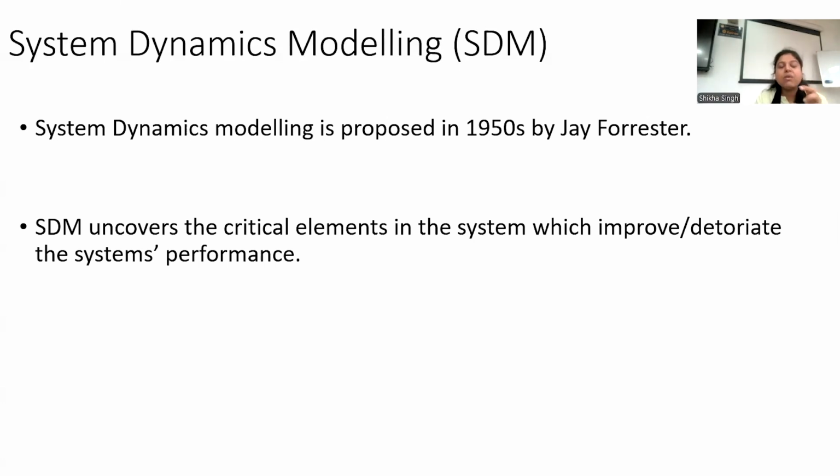And in this particular system dynamics modeling, we do not only consider the technical components, while in the dynamic simulation particularly, only the technical components will be considered to understand the dynamics or the behavior of that particular product, right? But here in the system dynamics, any system's dynamics can be understood. And it involves not only the technical parameters, but also the external parameters and other kinds of possibilities.